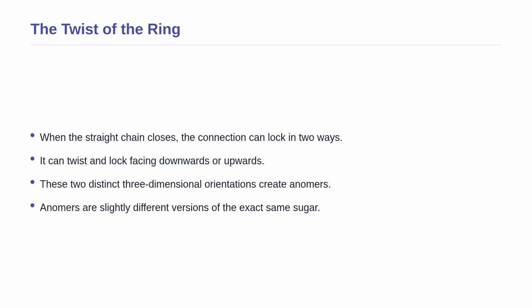In sugar chemistry, when the straight chain closes into a pyranose or furanose ring, the newly formed connection can also lock into two distinct three-dimensional orientations. We call these two versions anomers. They are slightly different versions of the exact same sugar, but as we will see, this tiny twist changes everything.